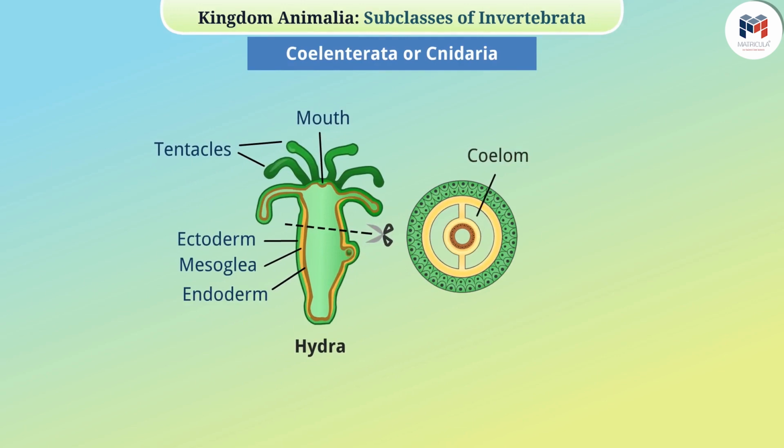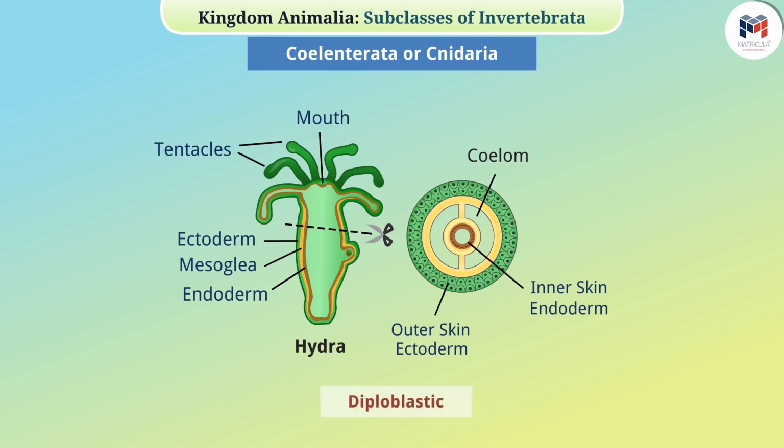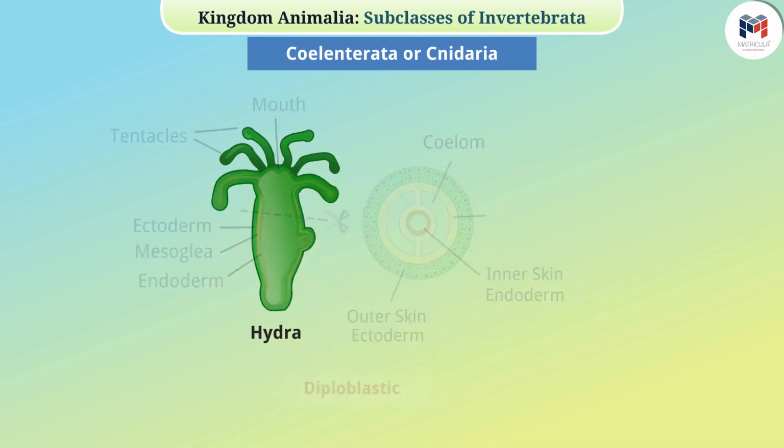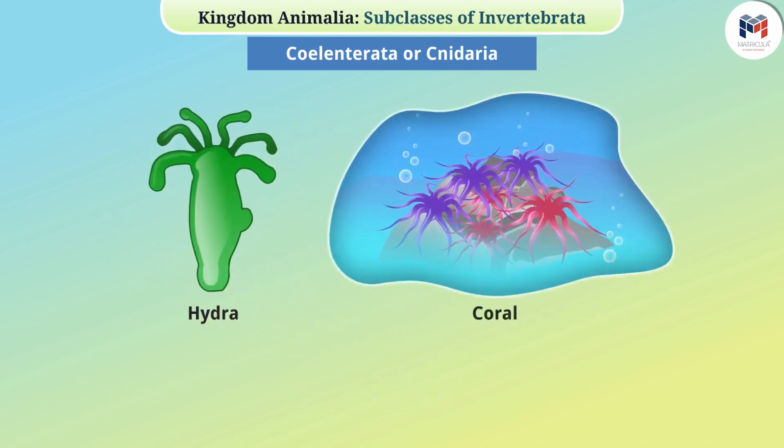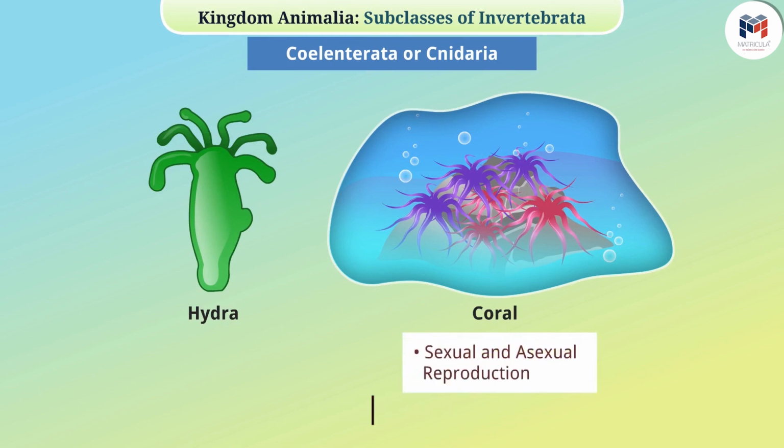Their body is made up of two cell layers, outer skin ectoderm and inner skin endoderm, and hence they are diploblastic. The space between the two layers is filled with a jelly-like substance called mesoglea. Some of their species, such as corals, live in groups, while some species like hydra remain alone. They can reproduce both sexually and asexually.